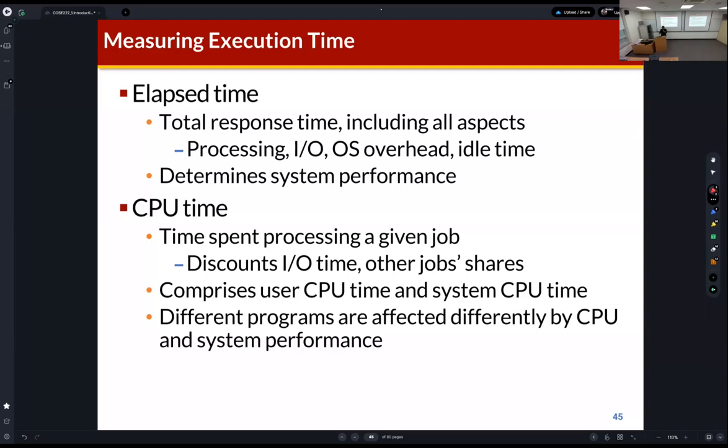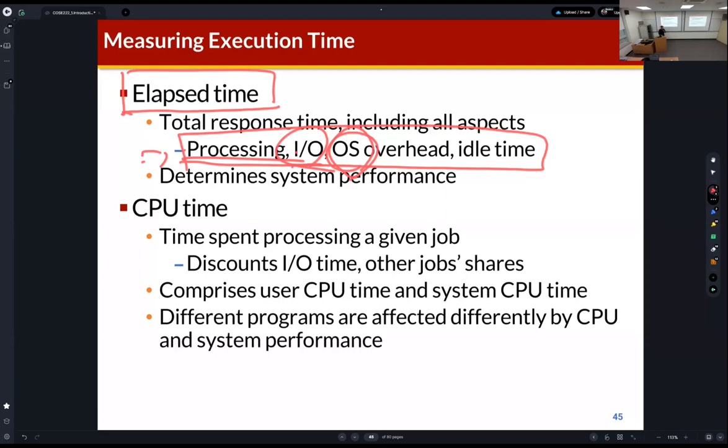Okay, so if we consider these factors like the processing, the I/O devices, and the operating system overhead, then this response time is called the elapsed time. So elapsed time means the actual response time as perceived by users. So these factors need to be considered: I/O device, operating system, and many other applications.